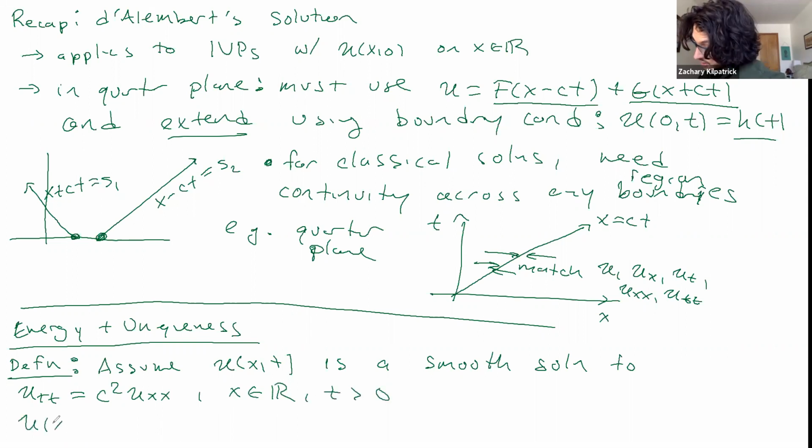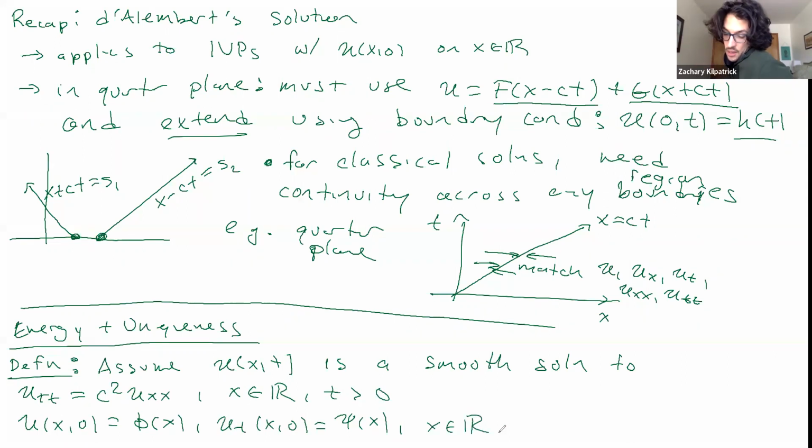And my initial conditions are going to be the initial displacement of my string, for instance, and my initial velocity, okay? And so these together form our initial value problem. This is our IVP.